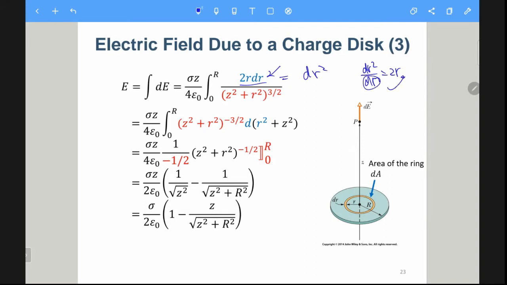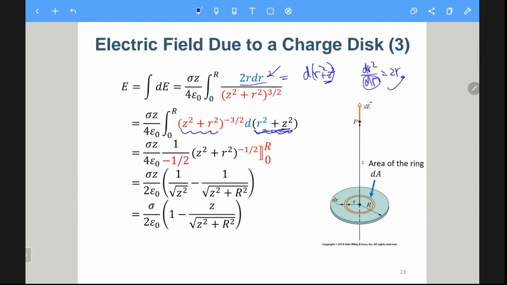So we have 2r dr equals d(r square). As long as we add another constant there, the derivative of a constant will be 0. So this z square is not related to r, so it doesn't really matter. We can just move this part here. So it's just like the chain rule.